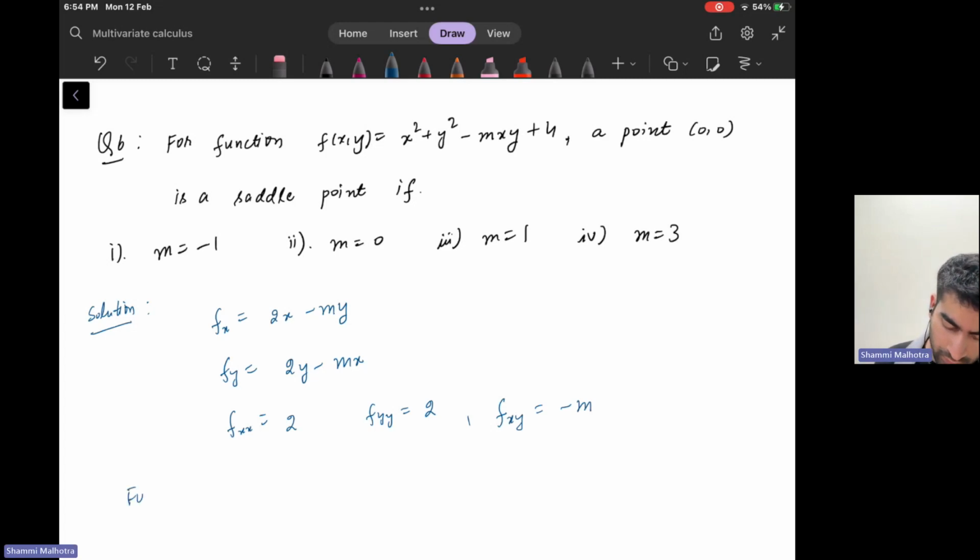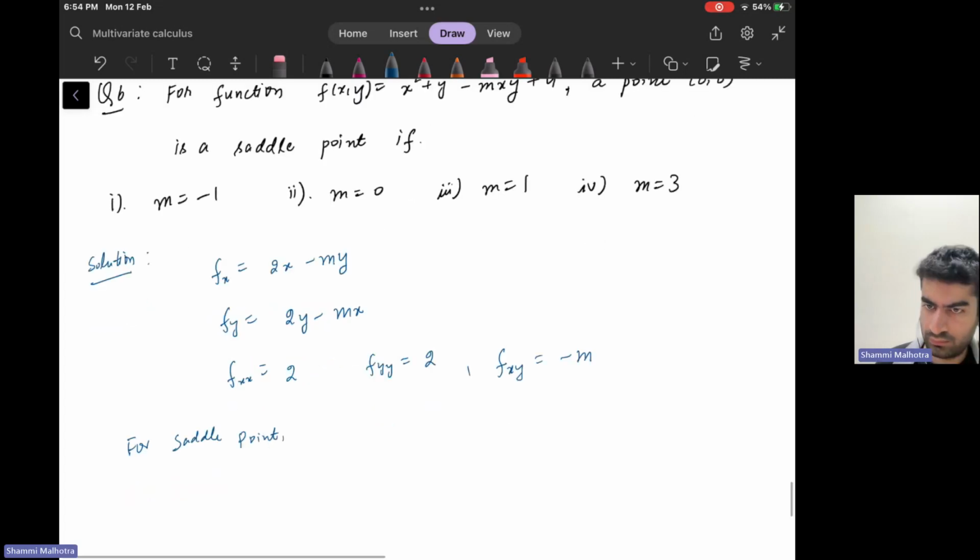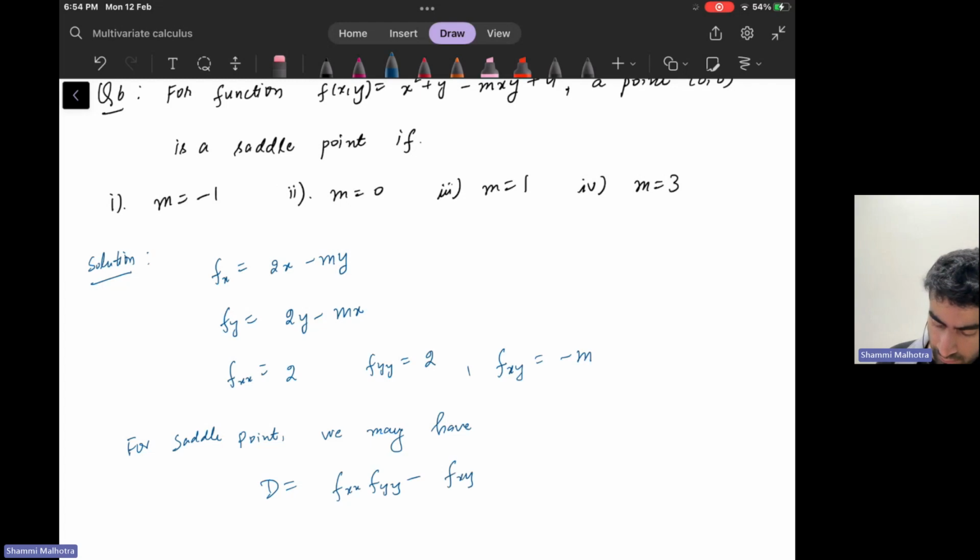Now we know that for a saddle point, we need D, which is equal to fxx times fyy minus fxy whole square, to be less than 0.